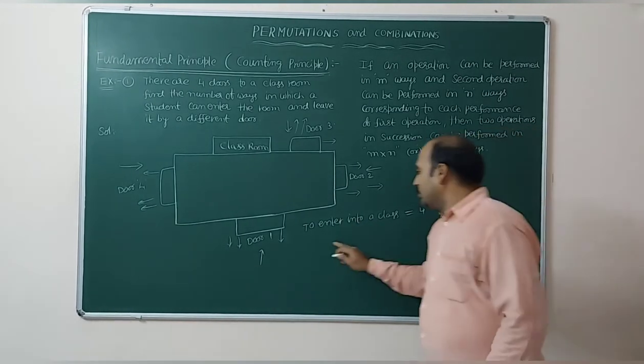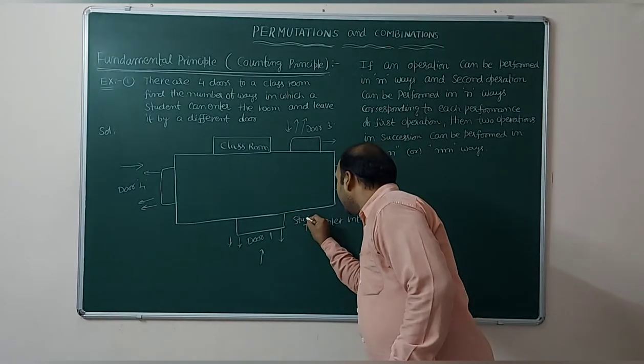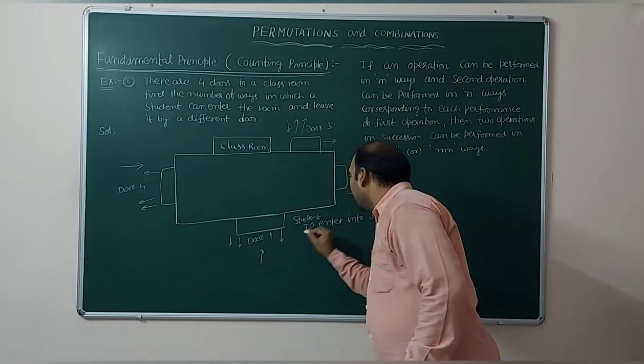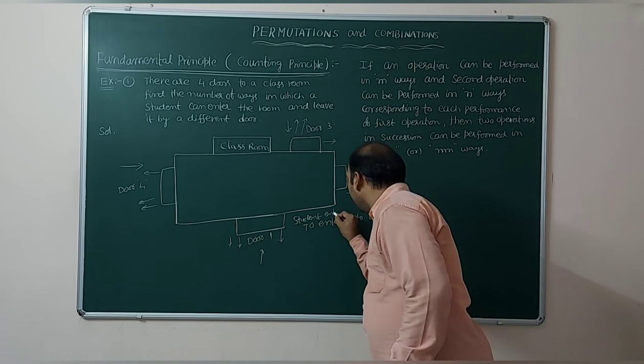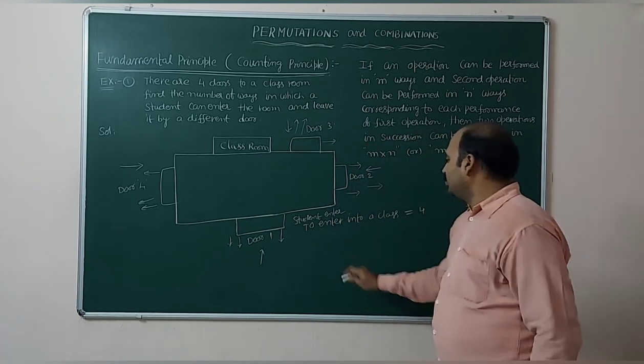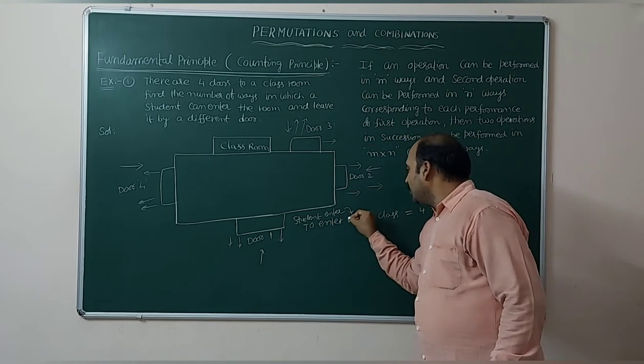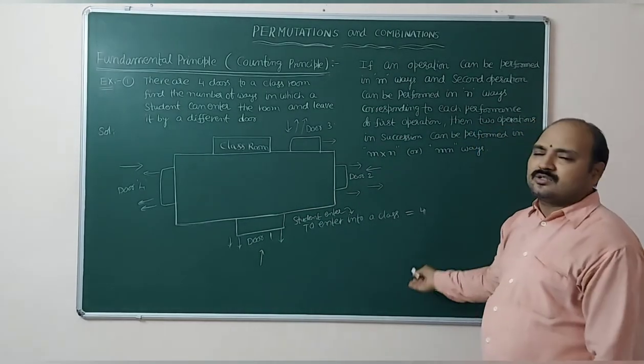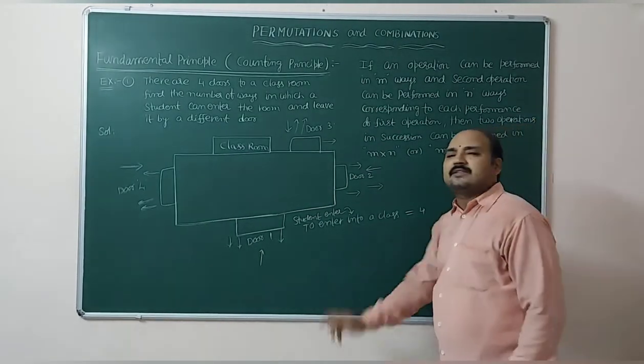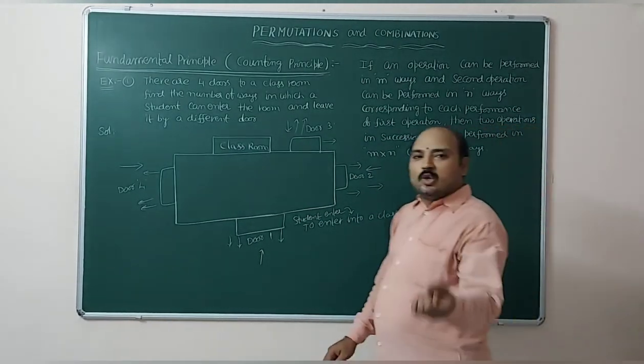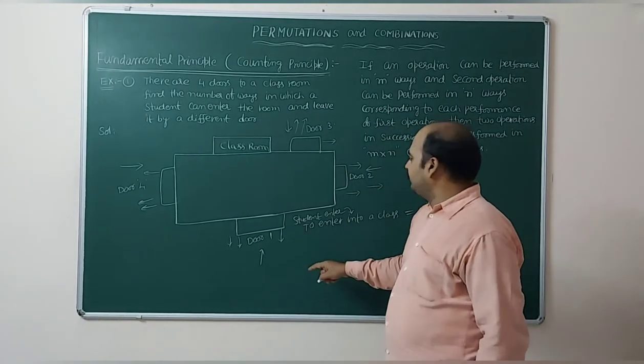The student enters into the classroom. To enter into the classroom, 4 possibilities are there. To leave, the student has the other 3 ways.